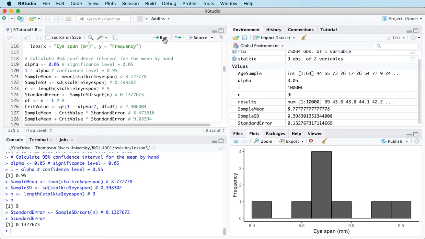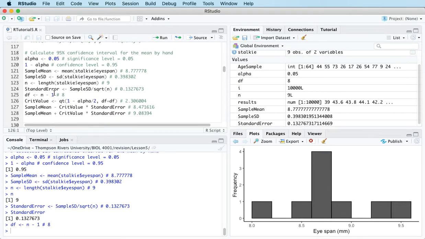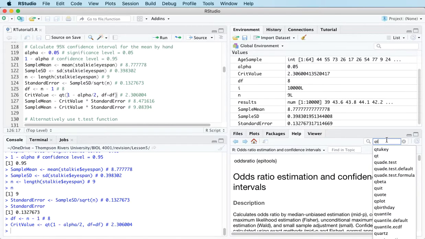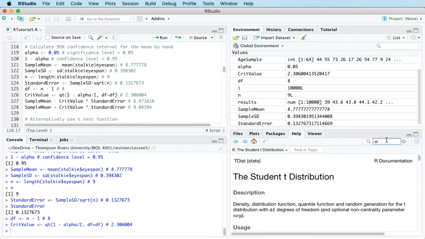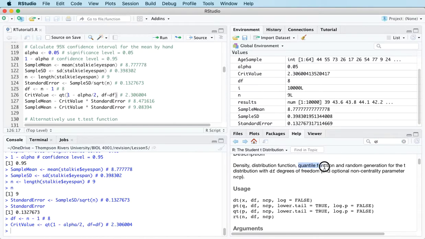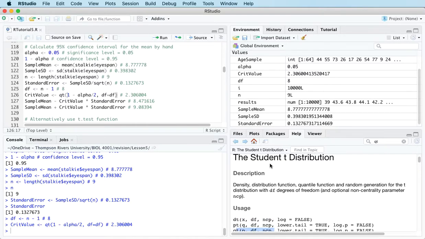Next we'll calculate the degrees of freedom, and then the next piece that we calculate is what's called the critical value. And the critical value, it might look like a fearsome piece of code here, but if I look up what this function is, okay, remember you can always do this anytime you see some code and you don't know what it is, you can always look it up and find out what it is. So it tells us that this is the quantile function for what's called the student t-distribution.